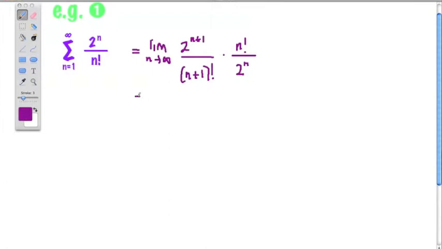This is because we have to divide it, so to make it short we just invert it.